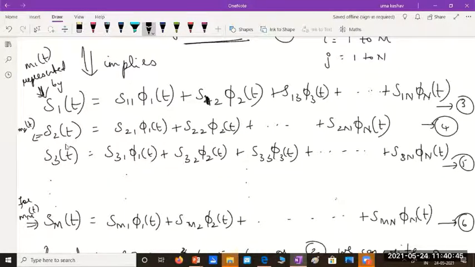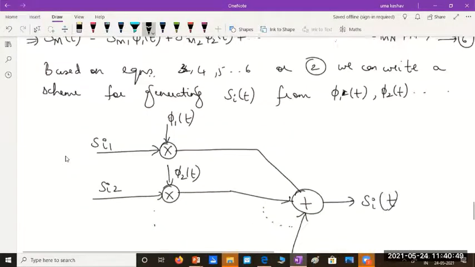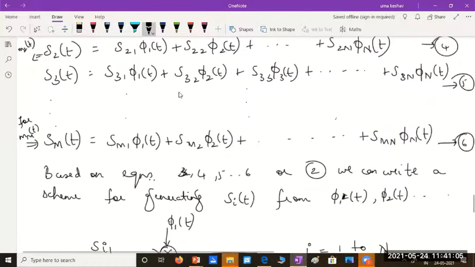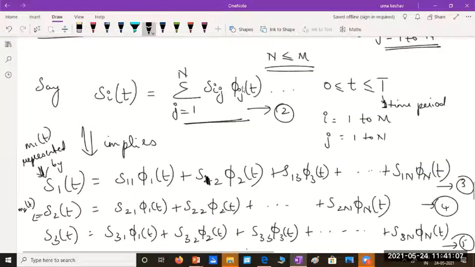So likewise for any value of i ranging from 1 to m, I can have the signal represented like this. This is how I represent equation 2. So equation 2 is a short version of equations 3, 4, 5 and 6 combined.